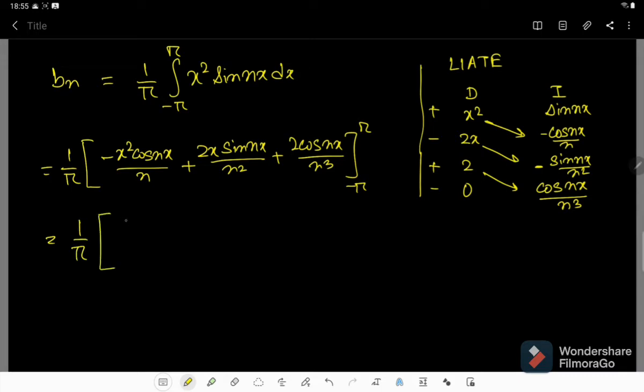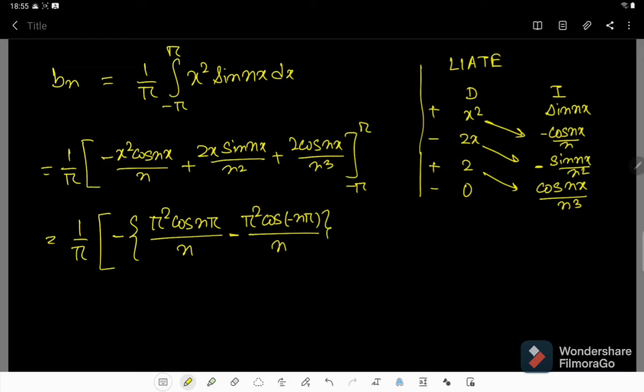So, I should write pi square of cos of n pi by n minus of pi square of cos of minus of n pi, which is basically cos of n pi.